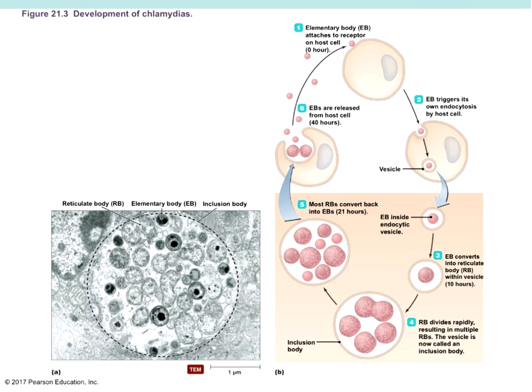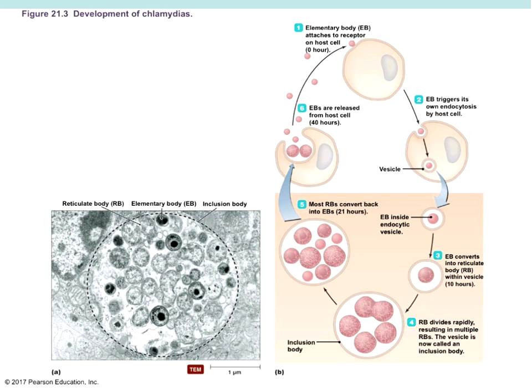So here we have the life cycle of chlamydia. Once an elementary body attaches to the host cell, it triggers endocytosis into the host cell. Once inside the endosome, the elementary body converts into a reticulate body. That reticulate body is the one that can divide very rapidly and give multiple reticulate bodies.